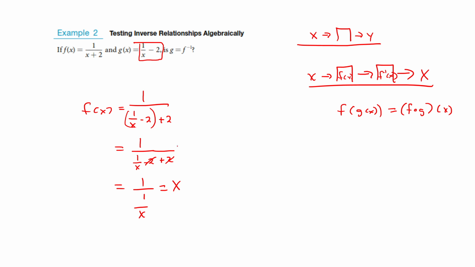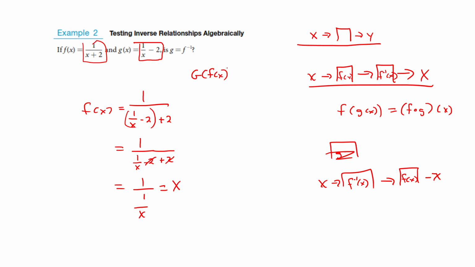Now you could have gone either way. You could have put the inverse one in the front, and then gone through the f of x. It wouldn't matter. It doesn't matter which one you put first. You're going to get back to what you started. So let me show you real quick. Suppose we had built it the other way around. Suppose we had done g of f of x, meaning that I'm putting the f machine in first, which means it's going in here for x.